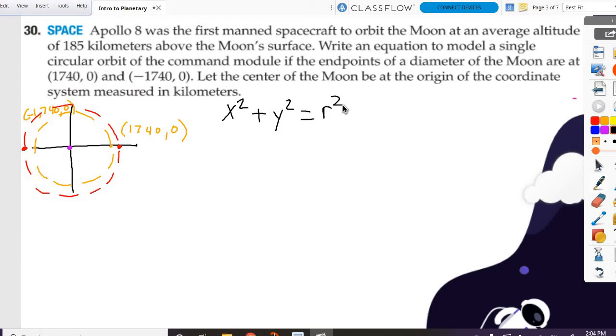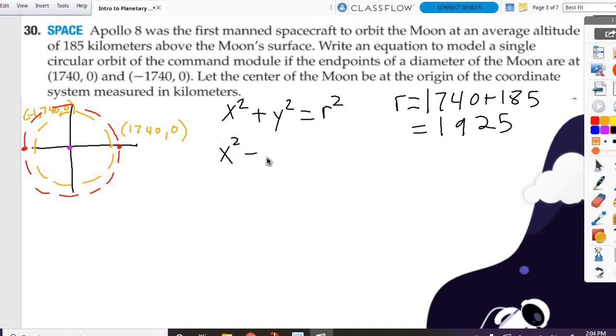So our r is going to be 1,740 plus that 185. So we get 1,925. But that is our r, not our r squared. So then we will plug that into our handy dandy calculator and square it. And we're going to get 3,705,640.